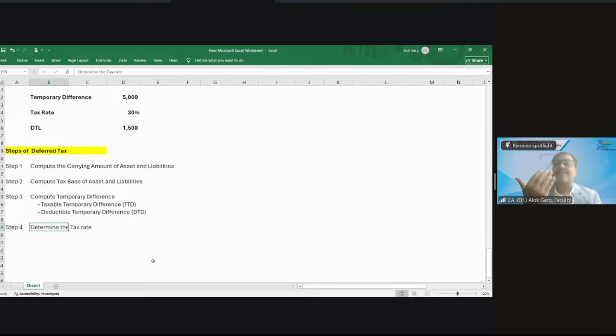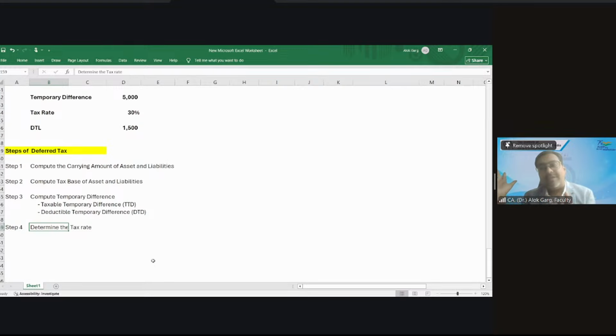What is the intent of deferred tax? If you are creating a deferred tax asset, you know that you will get a benefit in the future, meaning your future tax will be lower because you paid more tax today. For deferred tax liability, you know you are going to pay more tax in future, because you paid less tax today.